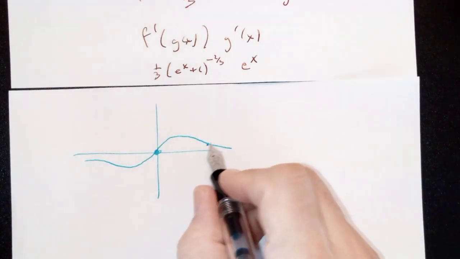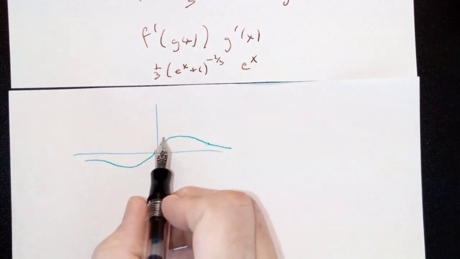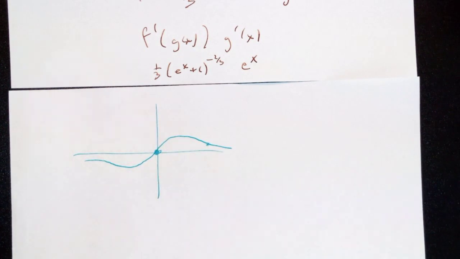If I draw a tangent line here, well, then it's probably going to cross back there, isn't it? Our tangent lines can cross the curve in lots of different places.